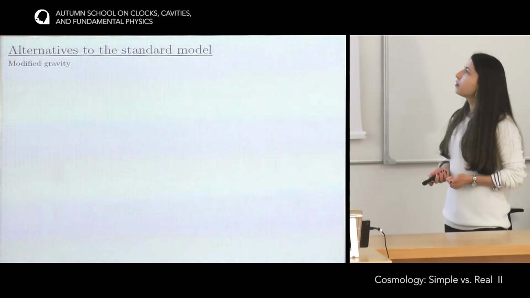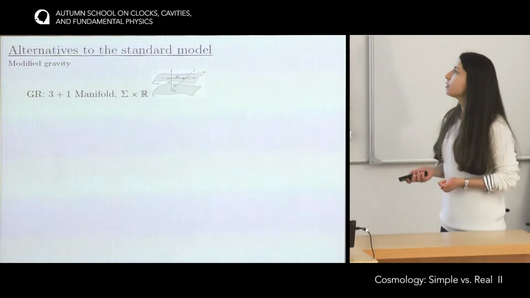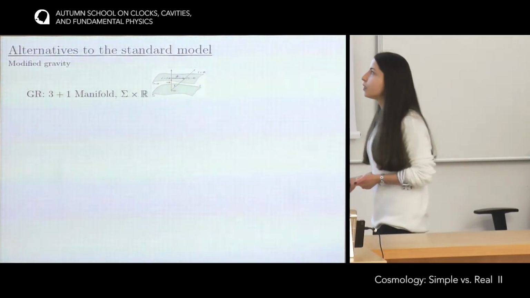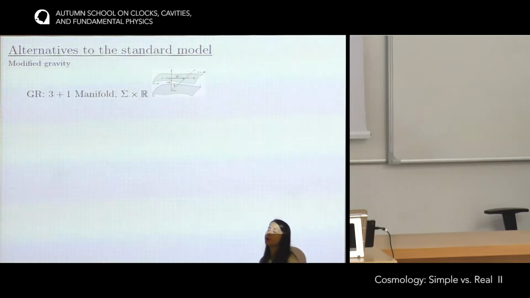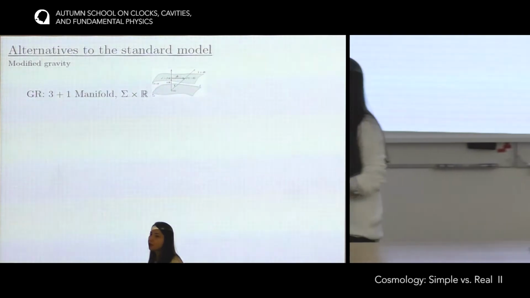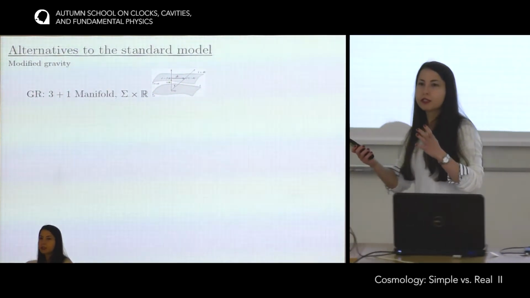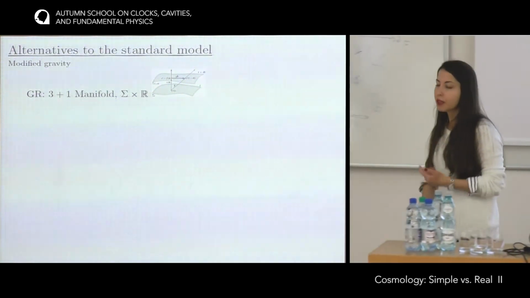And then there are higher dimensional theories. Gravity can be defined on a 3+1 manifold, so you have three-dimensional spatial slices which evolve in time.